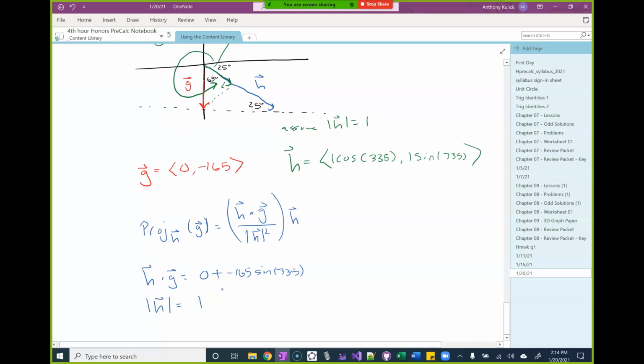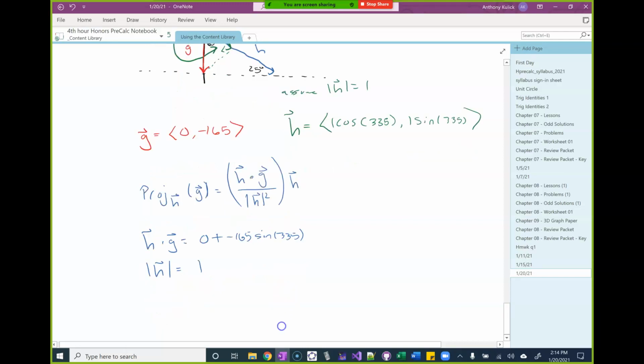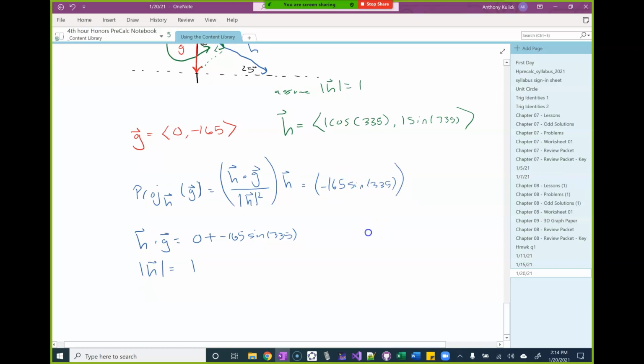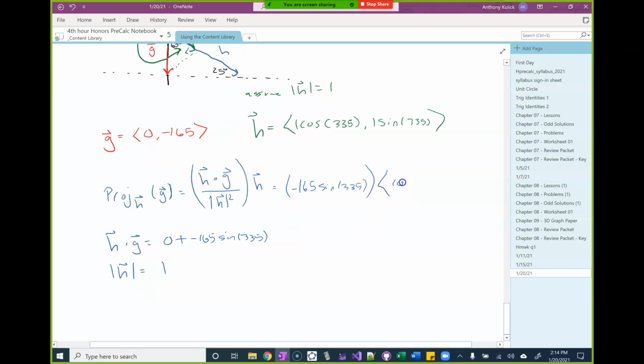Then cosine 335, sine 335. Again, you could turn those into decimals if you wanted to. I'm just not interested in doing it because it's a little bit more instructive if I just leave whatever was in there. You know what I mean?